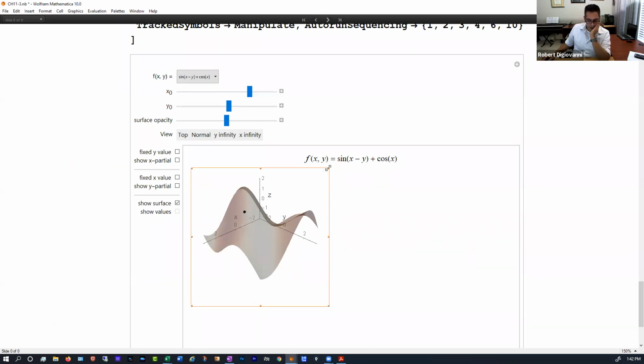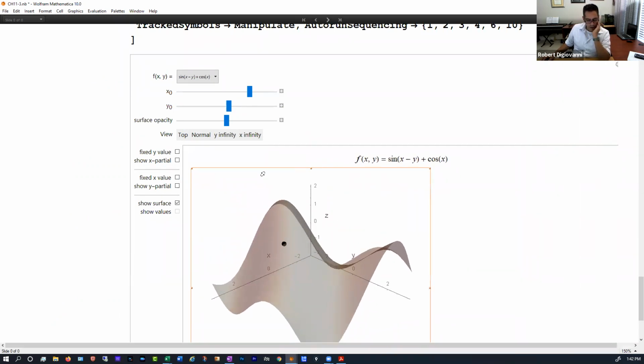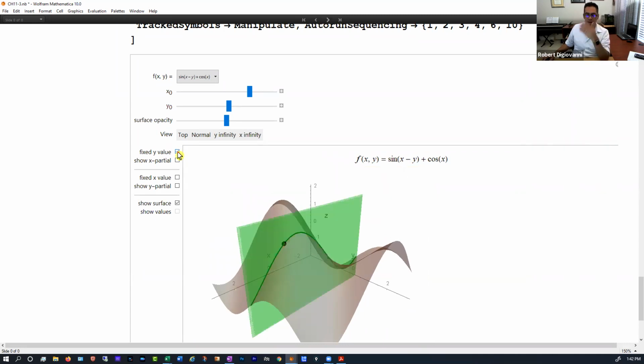So when we had this picture here, and when we fixed the y, we had this plane cut the picture that way, right? That's us fixing y to be constant, and then we had some direction like that. And then if we fix the x, it does a plane this way, and like that, right?